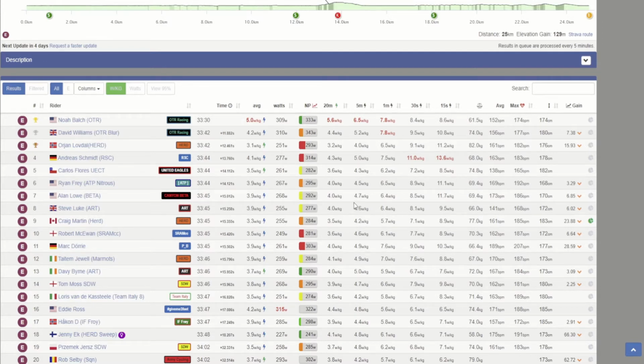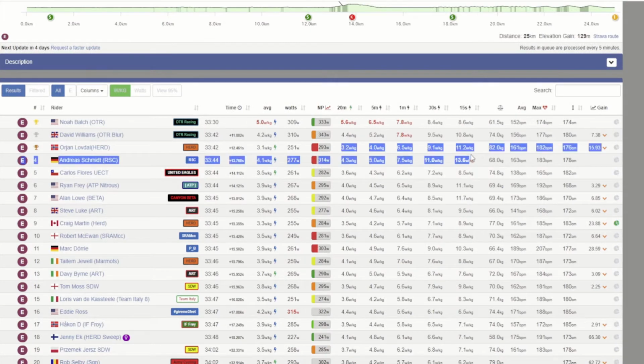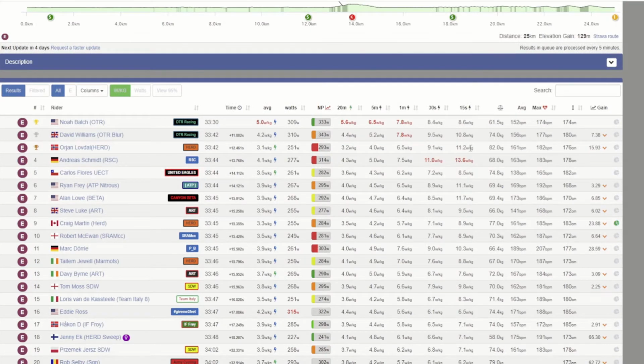That's how much their normalized power was greater than their average power. So you'll see somebody that finished near the front with a low average power will typically have a redder bar here, because they've been very efficient at times and then put out big efforts when needed.